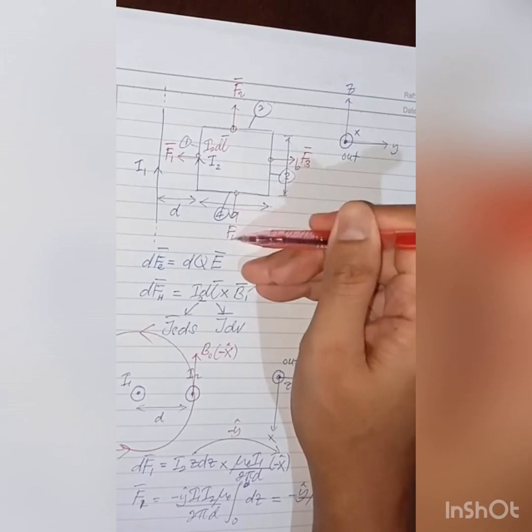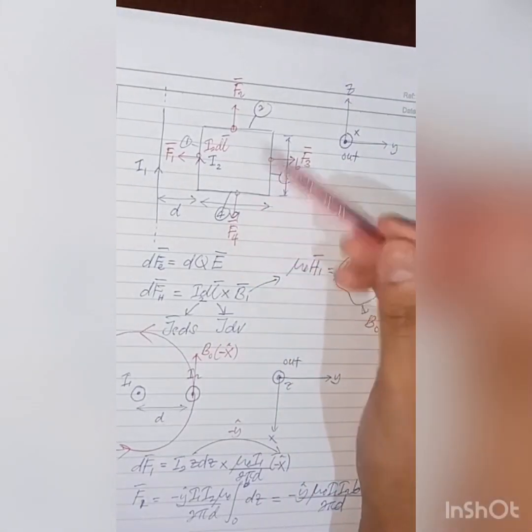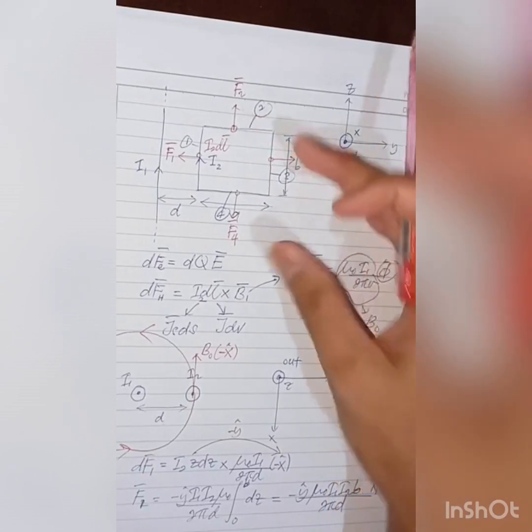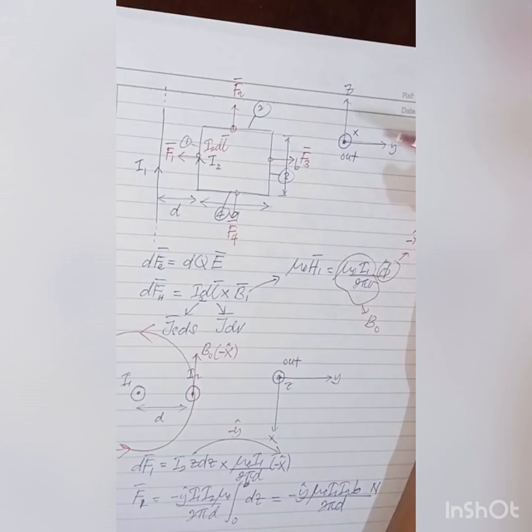The F number 4 has the same magnitude as F2, so we can simply cancel out this force because it has the same magnitude but different directions.